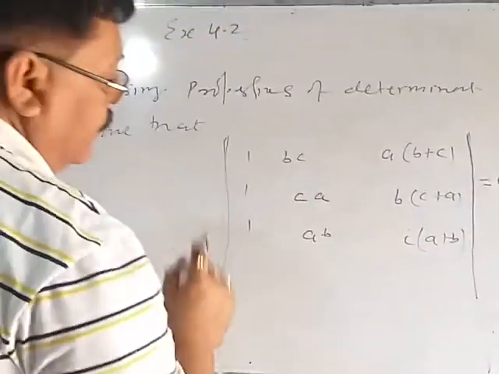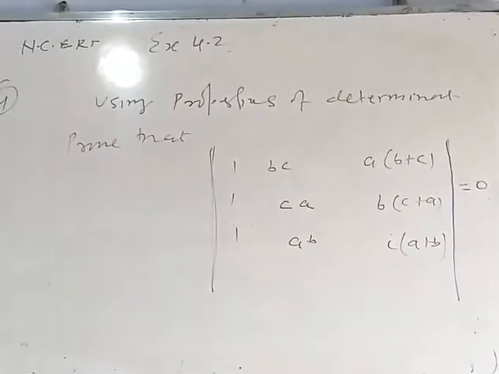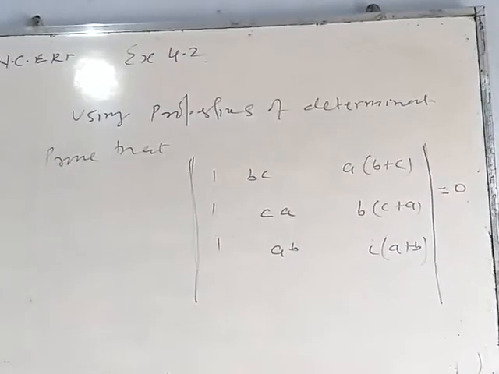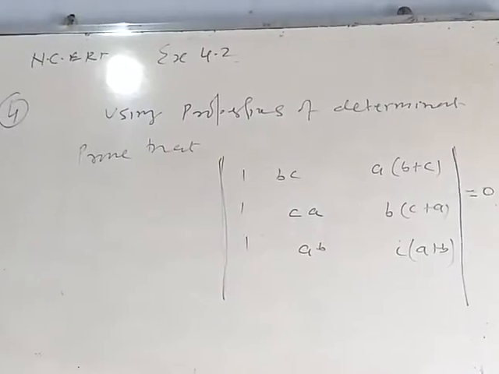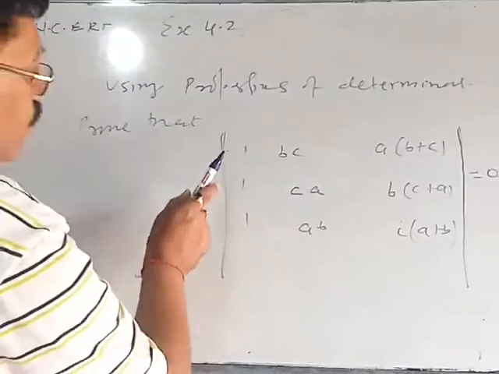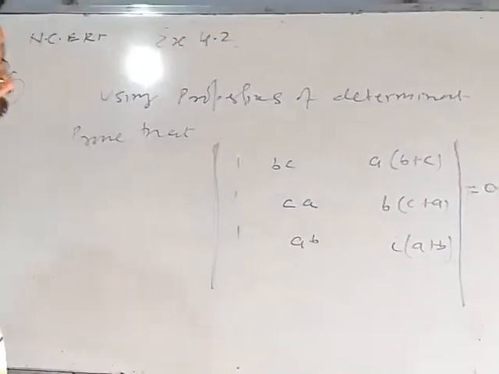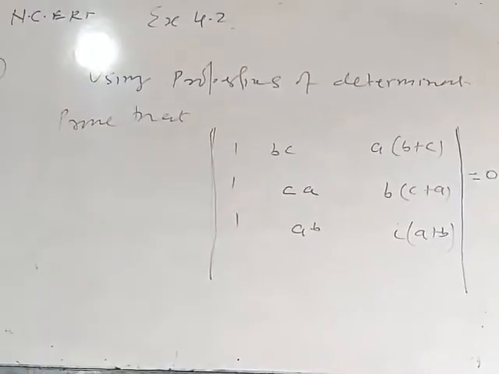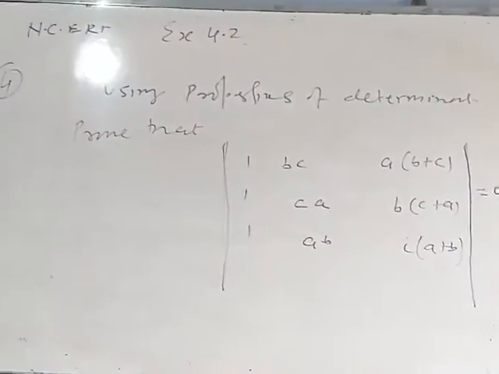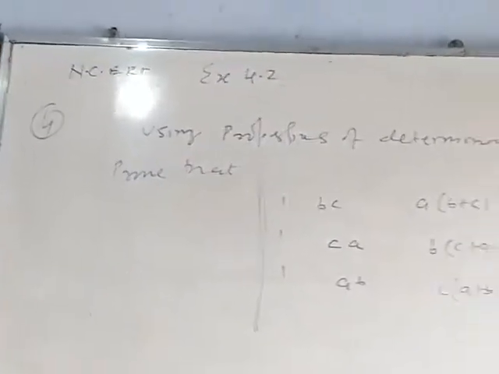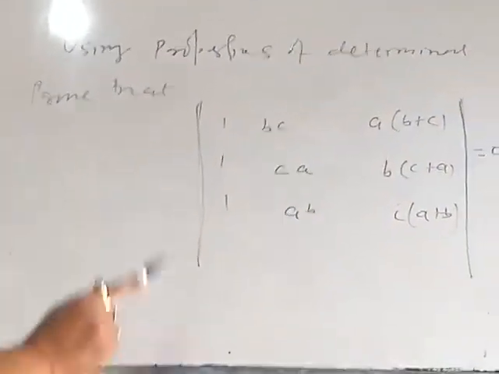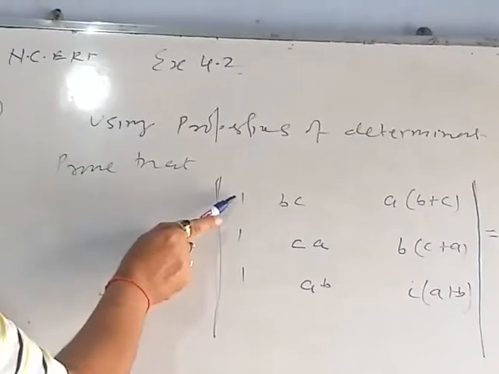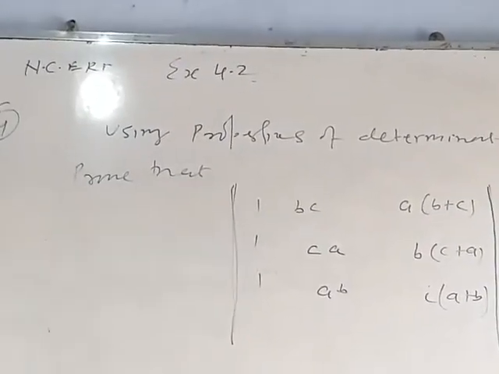Using property. Here, student, keep one thing in mind. It is a very important thing that if any row or column has 1, then the evaluation of the determinant will be easy. Because here in this question, in the first column, 1, 1, 1 is there.